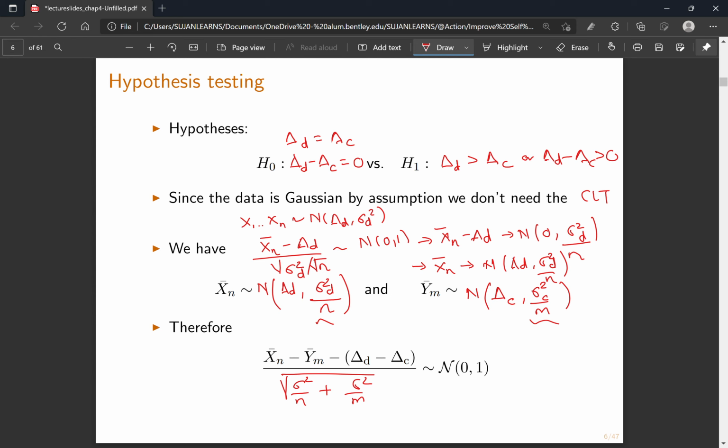And then we took a step toward getting a test statistic, which was the difference between the sample averages and the actual means, delta C and delta D. We took the difference between those two and represented that in a standard normal format, and this will later be used as our test statistic to determine whether delta C is equal to delta D or not.